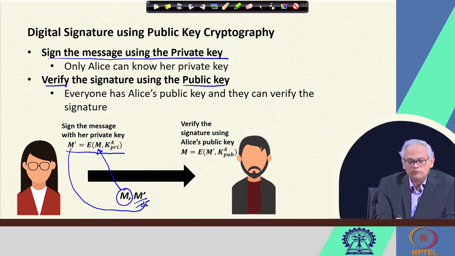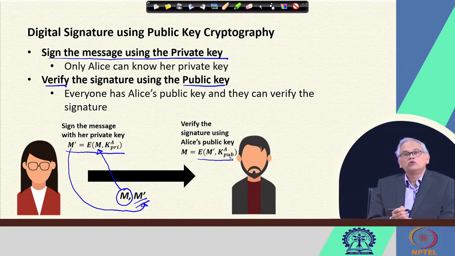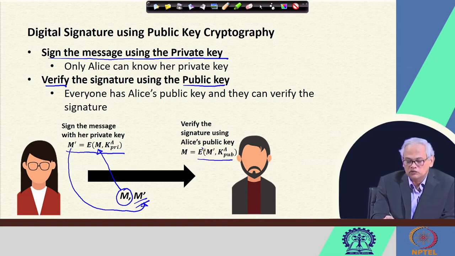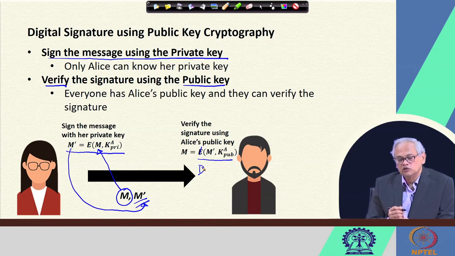This M prime that was sent along with M, Bob would now decrypt. I would say this should be written as decryption, not encryption. So, Bob will be using the public key of Alice in order to decrypt this M prime.